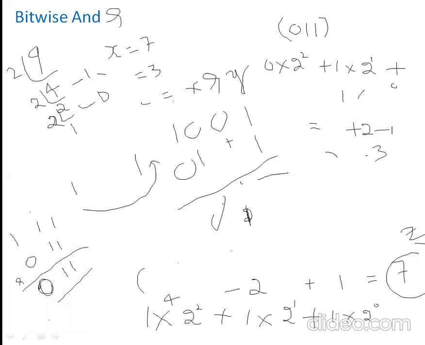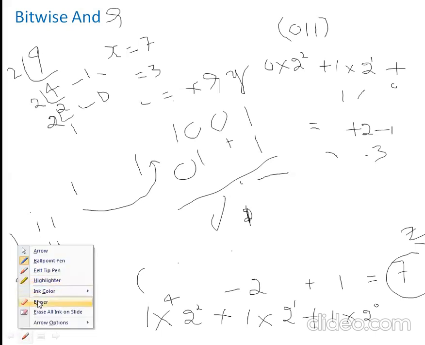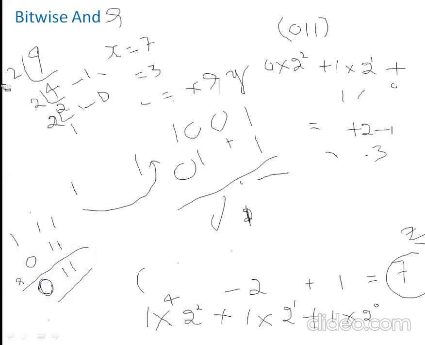Next is bitwise OR. Can you guess what may be the symbol of bitwise OR?